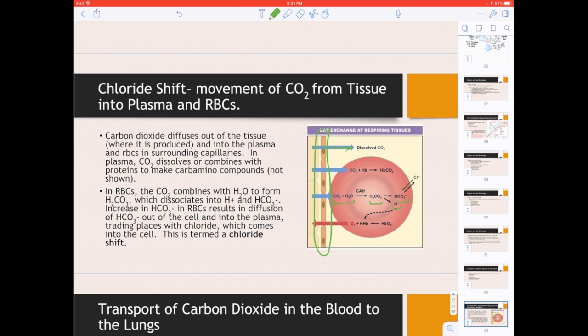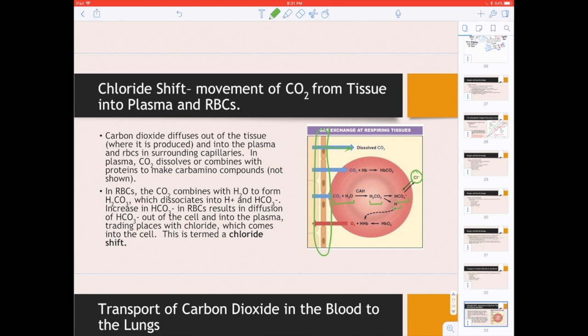So once we get this whole chemical pathway occurring, we're going to have a buildup of bicarbonate now in the red blood cell. Again, high concentration to low concentration, the bicarbonate is going to travel out of the red blood cell into the plasma because it's in high concentrations in the red blood cell and low concentrations in the plasma. So it's going to diffuse out of the cell and into the plasma. And when that happens, it's actually going to trade places with chloride.